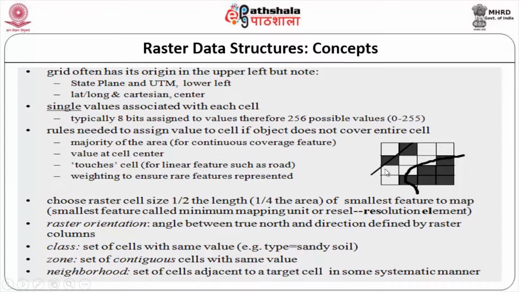We also sometimes give weightage based on the rare features being represented. How do you choose the cell size? As you know, this will decide the quality of the output. Normally, choose the raster cell size as half the length, that is 1/4 of the area, of the smallest feature to map. I have already told you about the resolution.